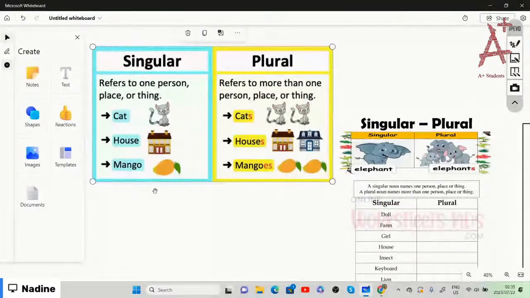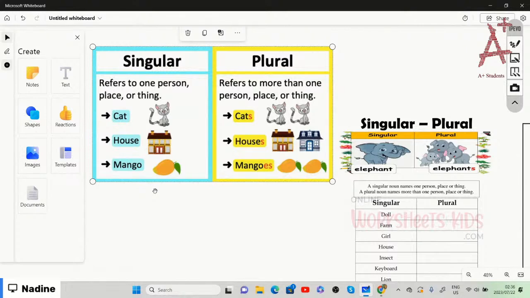And then here we have a picture that shows the difference between singular and plural. Singular refers to one person, one place, or one thing, whereas plural refers to more than one person, place, or thing. We're going to compare the two pictures.